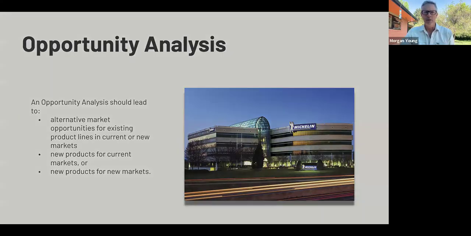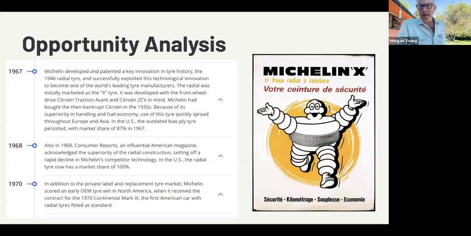So when Michelin looked around, they were a French company that essentially held all of the tire sales in Europe. They had an existing product, but they had maxed out in that market. And so they did their opportunity analysis and looked, pretty wisely, to the United States and said, this is a massive market that we need to be involved with.